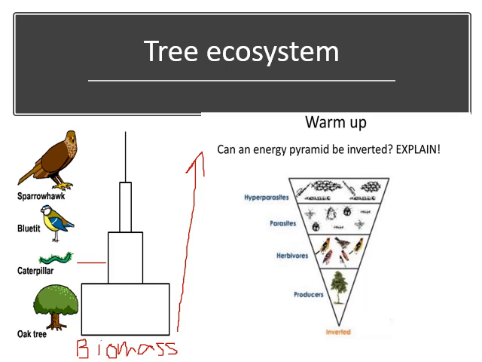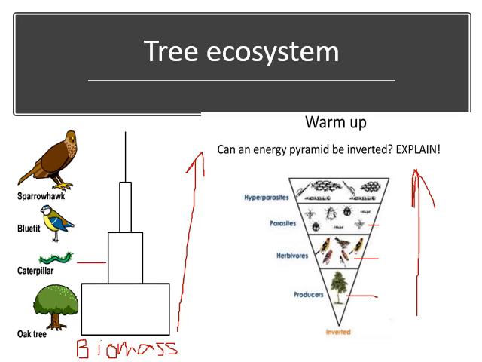And now the inverted pyramid, which is the pyramid of number. As we move up from lower levels to higher levels, we observe that the number is increasing. There is only one tree. The number of insects or birds is more than the number of trees.